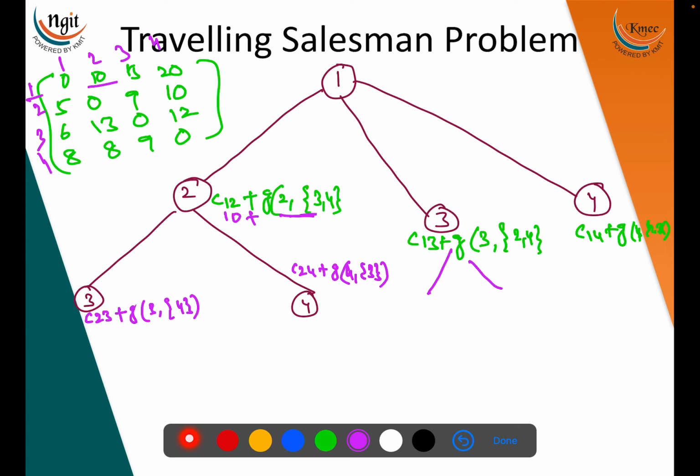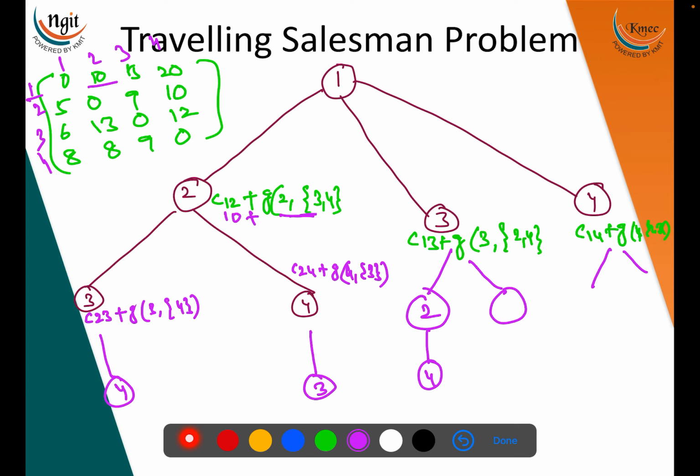Now the same here also, you will get 2. Here also you will get 1. Here 1. And here which vertex? 2. And here which vertex? 1, 3, 2. Here it is 4. And here it is 4. 1, 2, 3, 4. And here it is 1, 2, 4, where 3 is not covered.